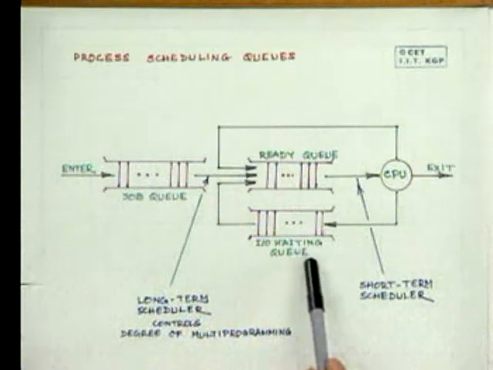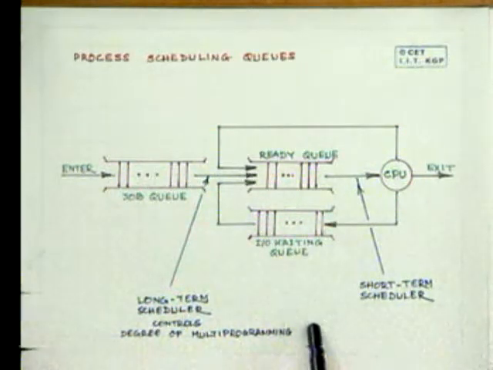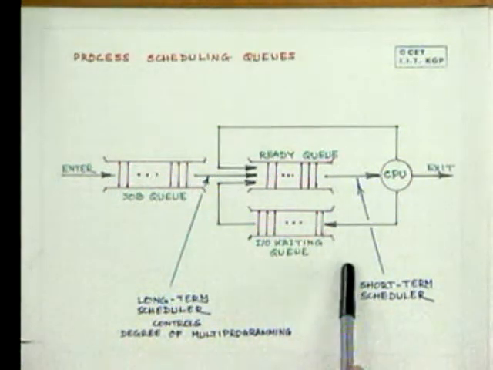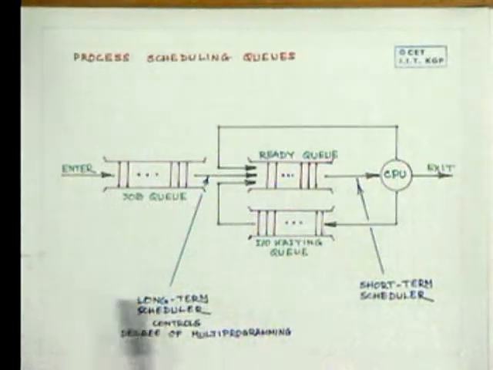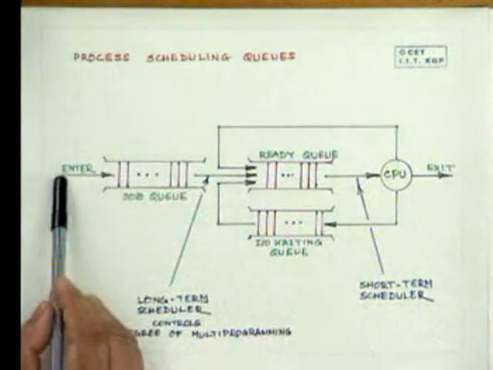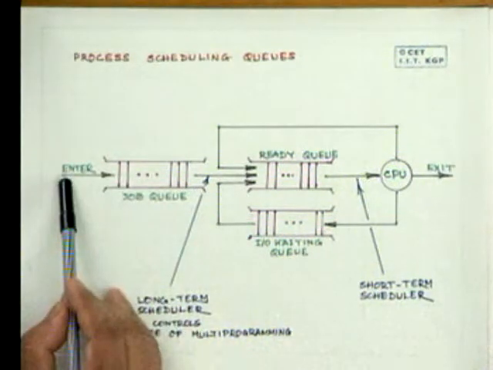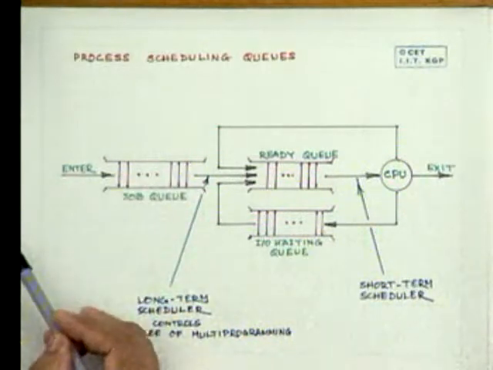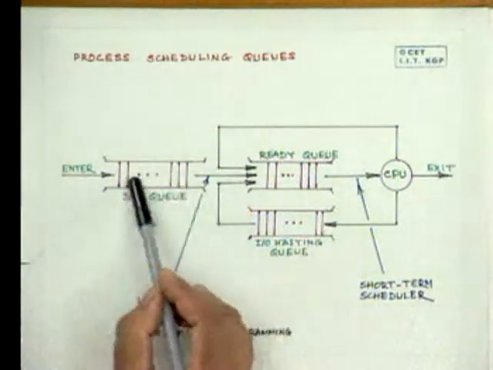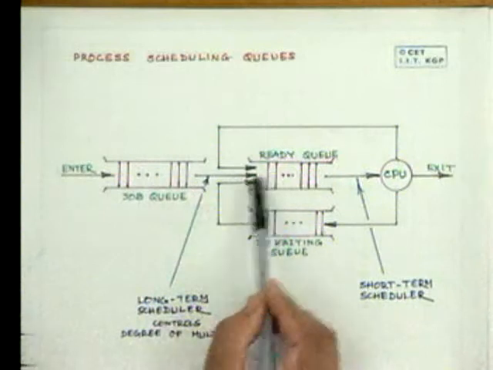It may be devices, it may be other reasons also. Therefore, depending upon the cause, a particular process will be put into the corresponding waiting queue. Now, here is the job queue, and here is the entry. That means initially, when jobs are submitted, they are kept in the job queue, right? From there, the jobs are selected, and then put into the ready queue.